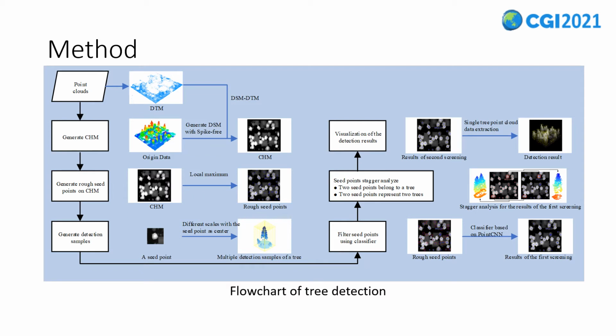Then it extracts the detection samples consisting of single tree point cloud data based on the rough seed points.